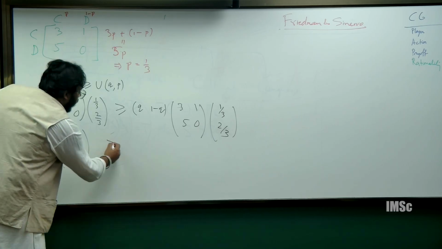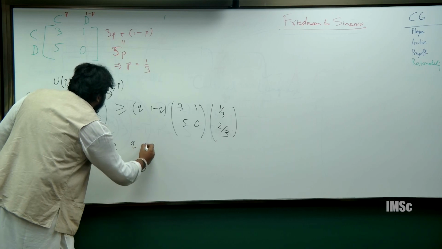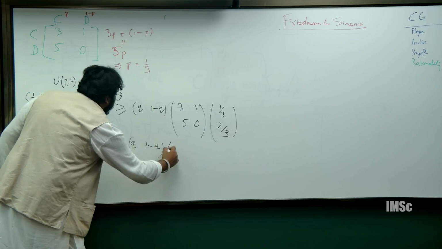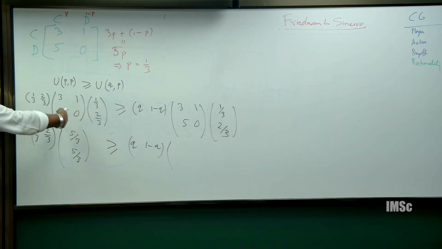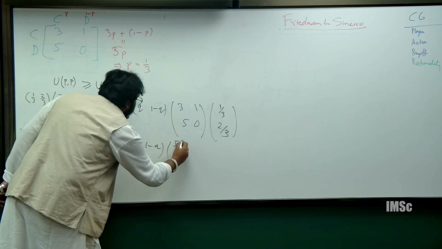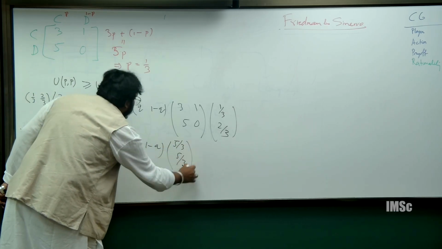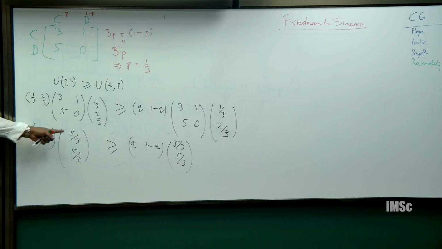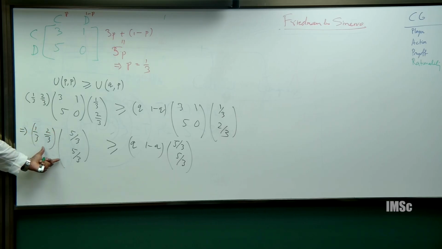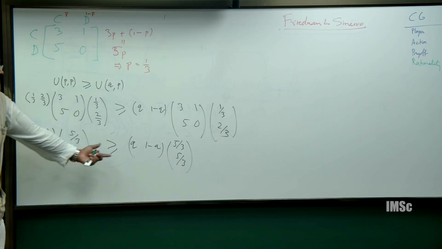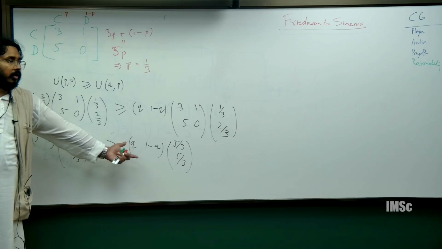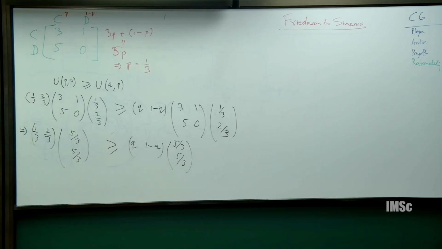Is this greater than or equal to the Q, 1 minus Q side? This multiplication we have already done on this side, same multiplication. So 5 by 3, 5 by 3. Now if you multiply this, you are going to get 1, and on that side also you are going to get 1. So they are equal, which is what it has to be. Remember, if you have a mixed strategy Nash, then definitely the payoffs are all the same. It does not matter what you take or not take.